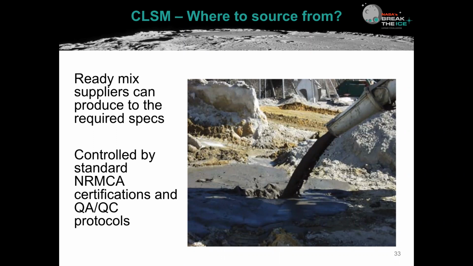There are quality protocols they have to follow. So as long as they get the right specification for the material and it gets tested through that process, I think that's probably the best way to get it. I think that's the end of my presentation here.